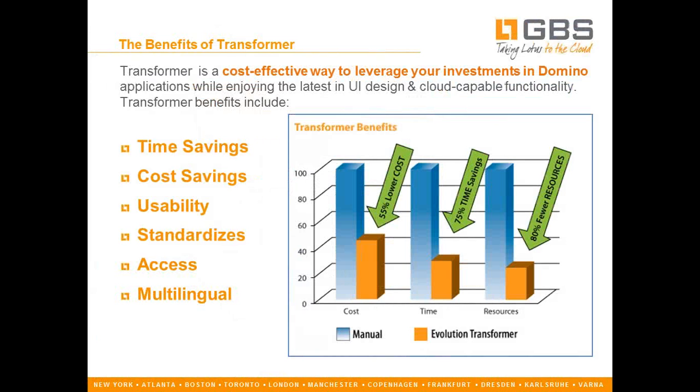The immediate benefits of the transformer technology are significant time savings and cost savings. Why? Because the transformer technology automates a significant portion of the conversion process, meaning that there is no manual developer effort involved in actually creating that X-Page enabled application.